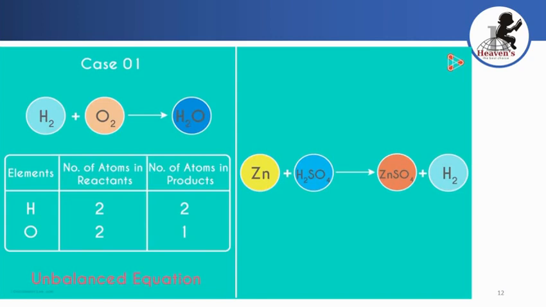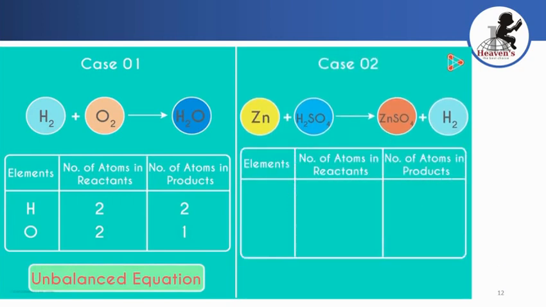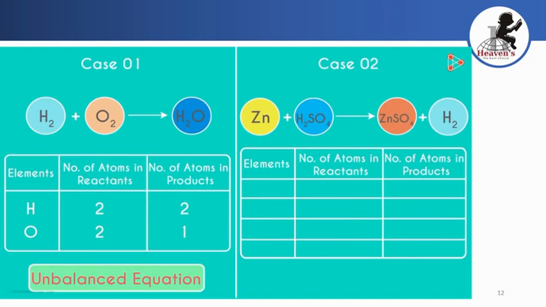And next, the second equation. In case 2, Zn plus H2SO4 gives rise to ZnSO4 plus H2.